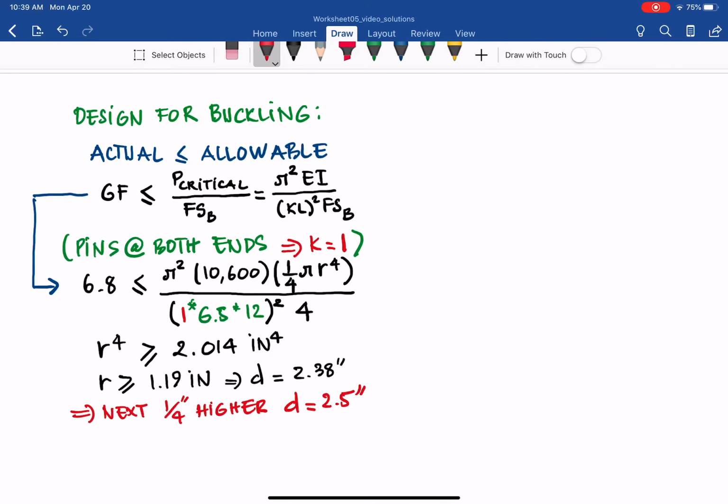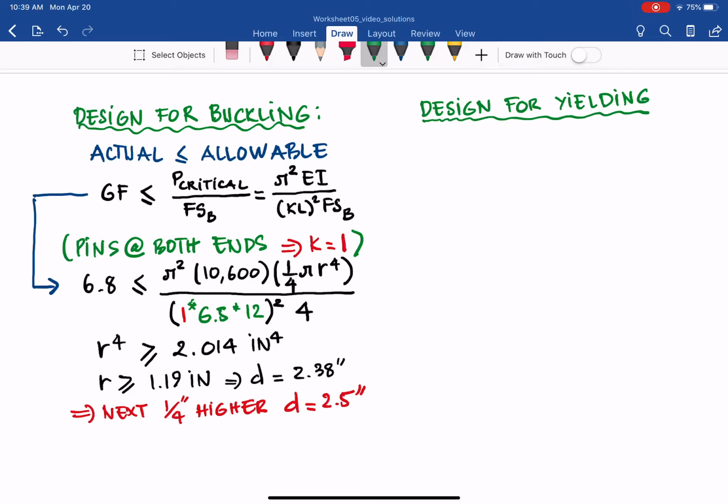And now we also do the design for yielding. So the next step we have is design for yielding, or crushing. In this case, similarly, you have the actual less than or equal to allowable.